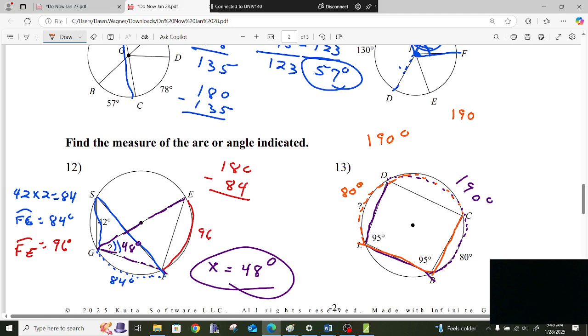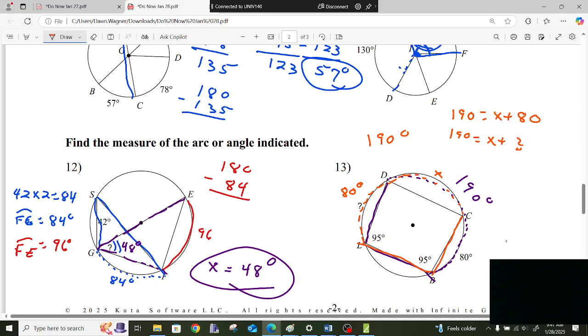Okay, this 190, I'm just going to call this x here, okay? Is equal to x plus 80, right? And then this one over here is also 190, right? Which is x plus question mark.